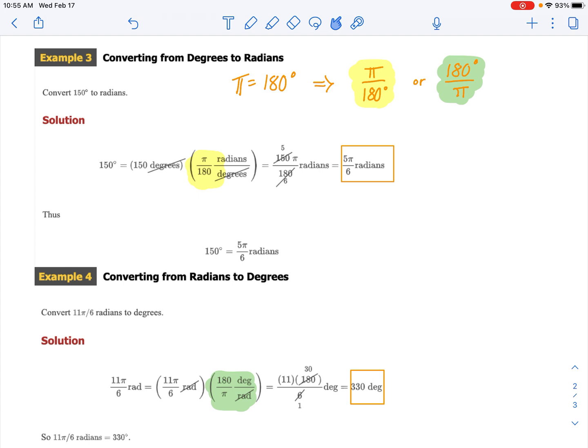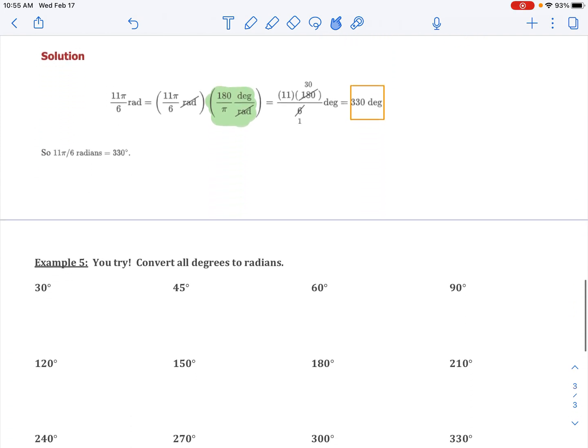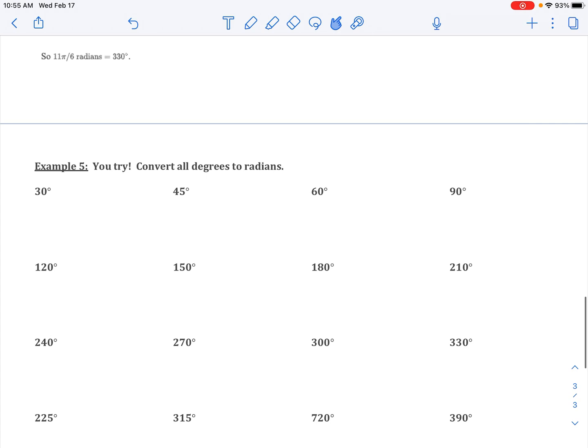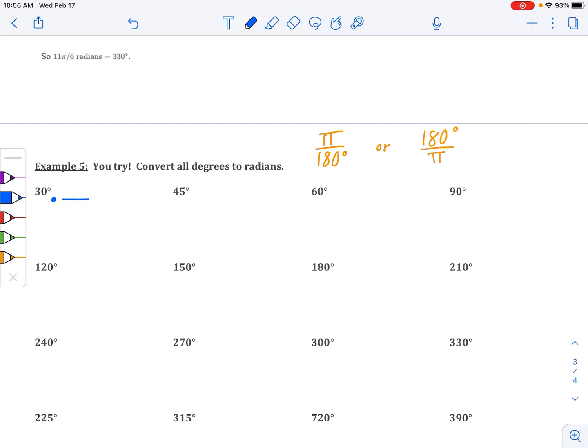Let's try a couple and then I'll set you free. We're going to now convert. When we are converting from degree to radian, we're going to use one of the conversions above. I'll write them both out. We're either going to use pi divided by 180 degrees, or we're going to use 180 degrees divided by pi. It depends where you start. If we look at this first example, 30 degrees, I'm going to multiply it by one of those ratios to now convert to radian.